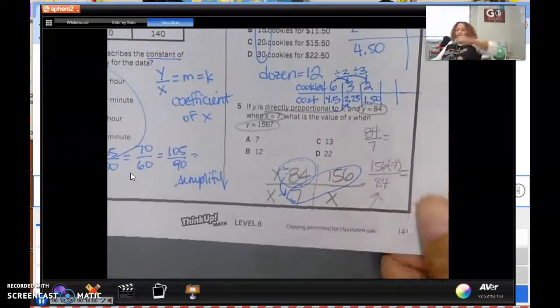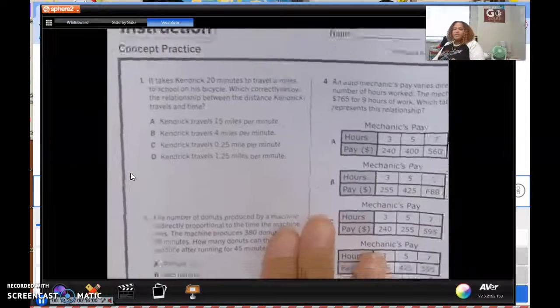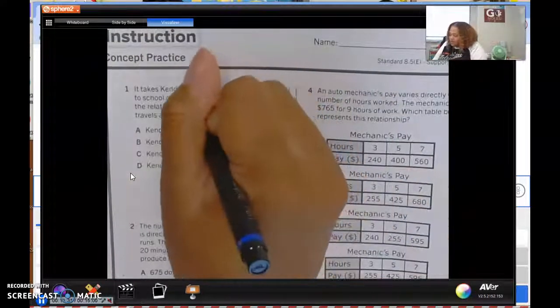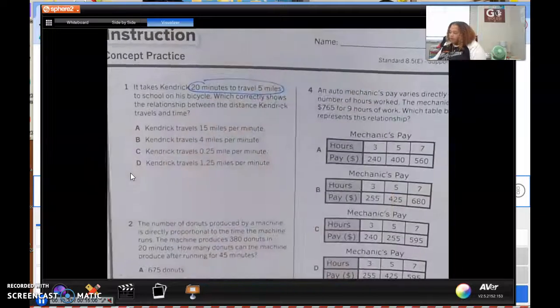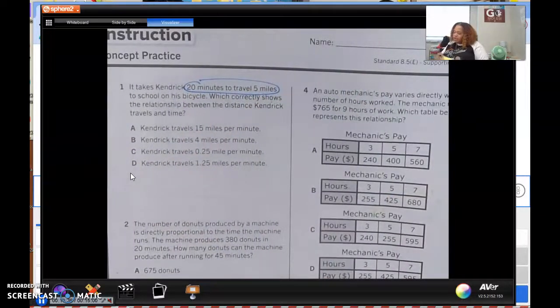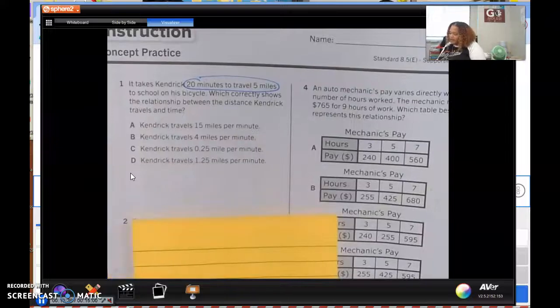All right, page 142. It takes Kendrick 20 minutes to travel 5 miles to school on his bicycle. There's a rate there. Which correctly shows the relationship between the distance Kendrick travels and time?